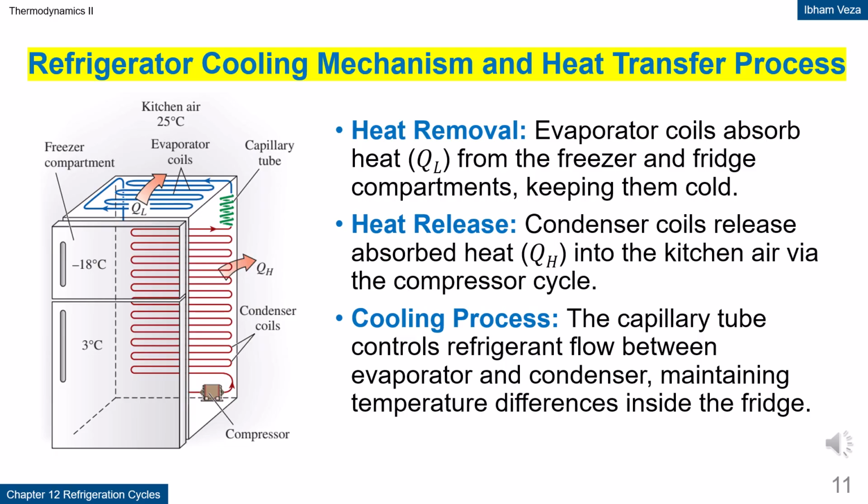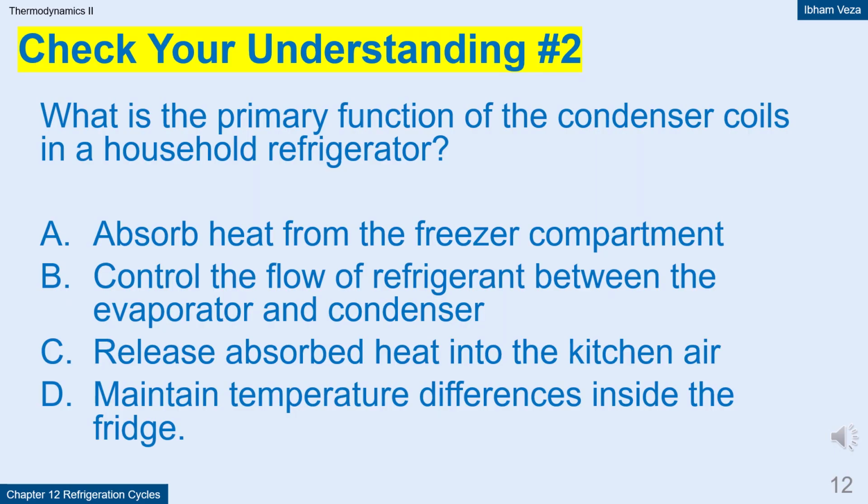This heat is then transferred and rejected as QH to the kitchen air through the condenser. The capillary tube controls the refrigerant flow to create the required pressure difference for expansion. This entire process runs continuously as long as the compressor operates. Answer C. Release absorbed heat into the kitchen air.